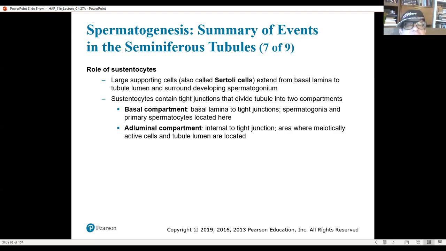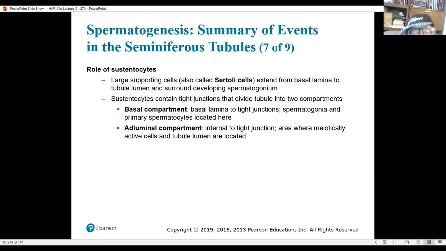So what do the sustentacular cells, Sertoli cells, do? They go from the lamina to the lumen, and they surround the developing sperm. They form a tight junction, and that's important. We have a barrier to keep antibodies in the blood from getting to the sperm, because we start making sperm later in life after we've already started making antibodies.